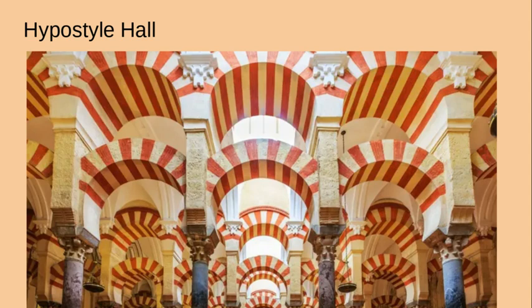And if you remember a hypostyle hall, we talked about that way back in Egyptian times. It's even like the ancient Near East, where you have a large room filled with many columns, and the columns are holding up the roof. And I've read, I think there are 800 plus columns in this hypostyle hall. What is very interesting and important about the columns is that they are examples of spolia.